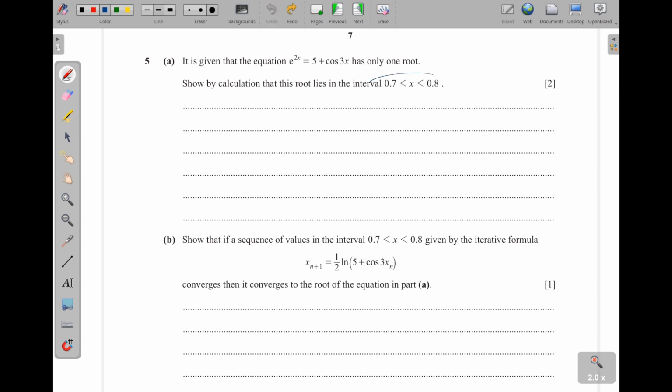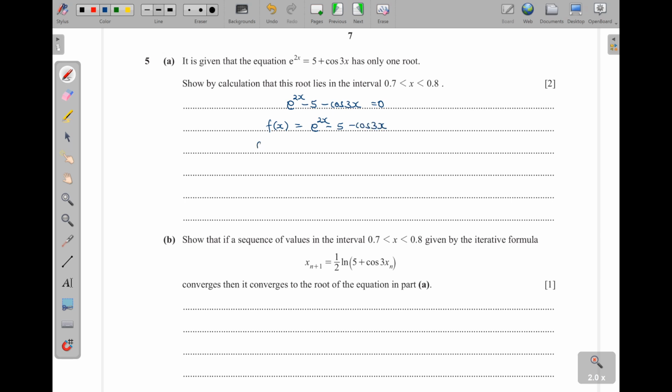Now when we are using this one, we put all of these onto one side and then we get a function. Okay, so I can have e to the power of 2x, then minus 5, then minus cos of 3x, which is equal to 0. A root is that value you are going to substitute in the function and it reduces it to 0. So meaning our function here, I can let it be f of x is going to be e to the power of 2x, then minus 5 minus cos of 3x.